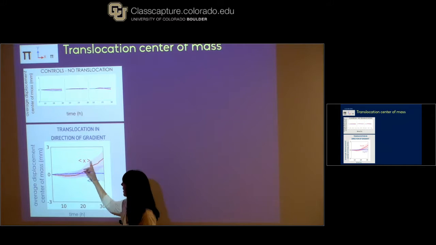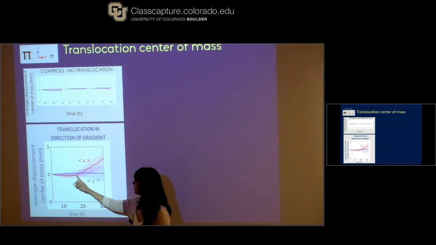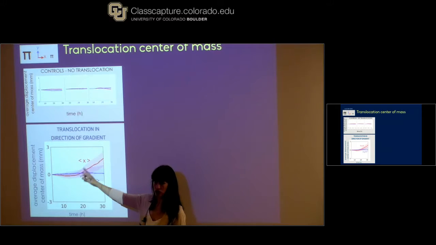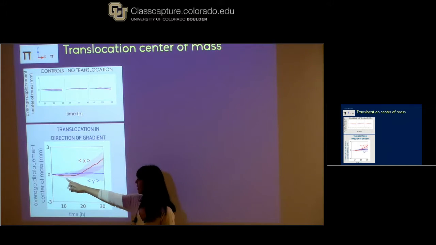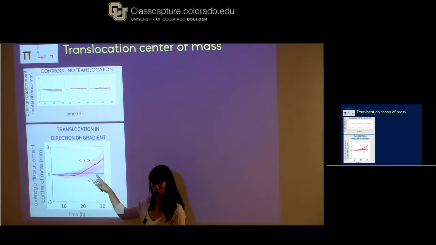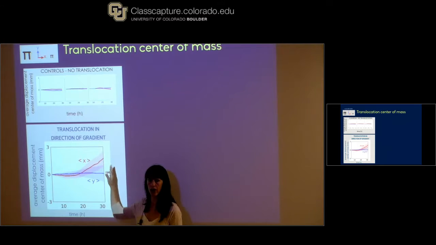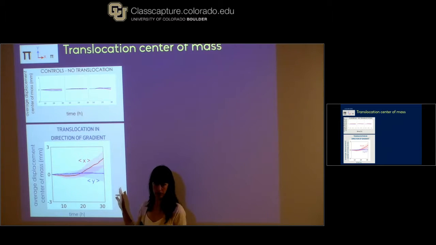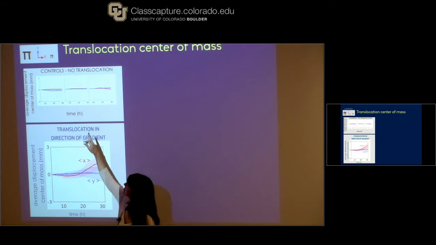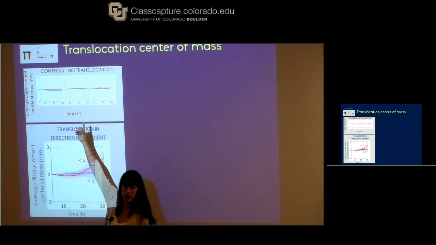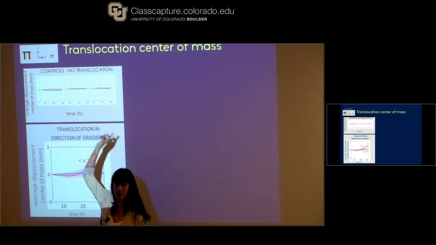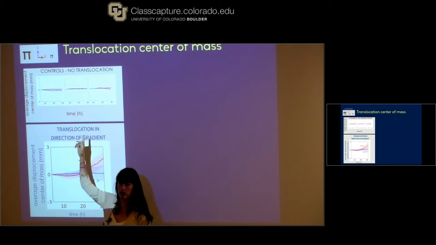So this x is the shift of the center of mass averaged over 11 colonies that we got. And y is also the shift in the center of mass, but in the direction that's orthogonal to the pressure gradient imposed in the environment. Okay, that's the convention. X is in the direction of the pressure gradient, and y is orthogonal.